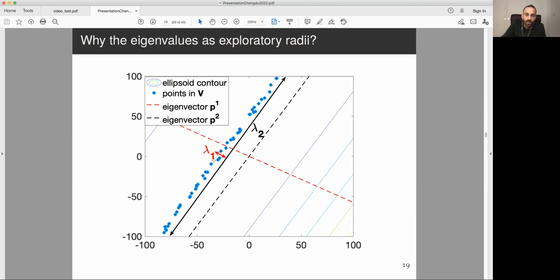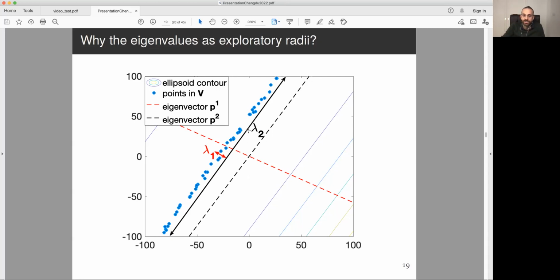Now, what is the meaning of the eigenvalue? The meaning is that this width is somewhat the variance of the distribution of points alongside this direction. So here I'm indicating with this arrow.